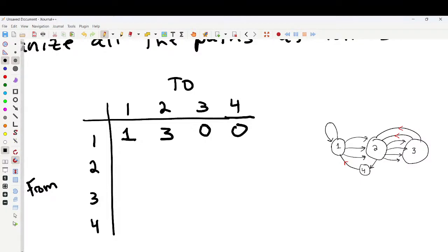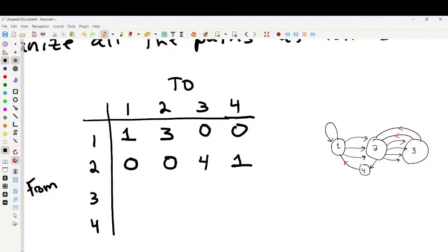From City 2 to City 1? 2 to 2? 2 to 3? 4. Oh, I missed it too. 4. Yeah, there we go. And 2 to 4. 1.